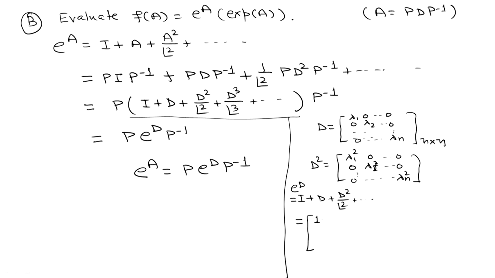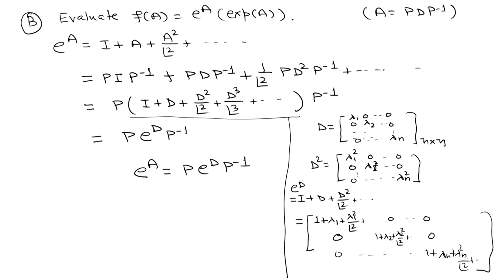the first entry will be 1 plus lambda 1 plus lambda 1 square upon factorial 2, and so on, with zeros elsewhere. The second entry will become 1 plus lambda 2 plus lambda 2 square by factorial 2, and so on, and in this way 1 plus lambda n plus lambda n square by factorial 2, and so on.